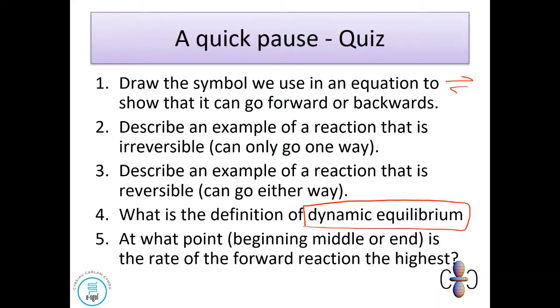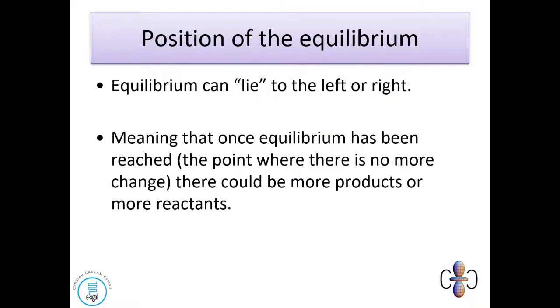Right, moving on, position of equilibrium. It doesn't always lie smack bang in the middle. The position of equilibrium often favours either the forward reaction or the reverse reaction. So it's a case of does it make more products or does it make more reactants?